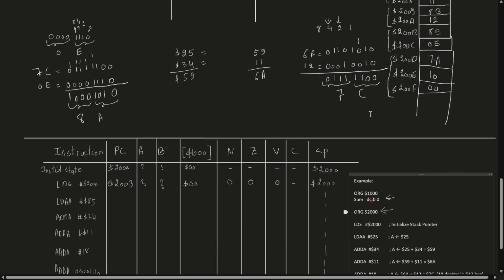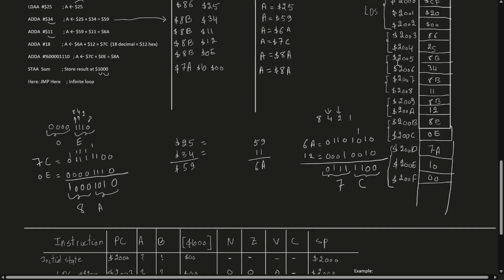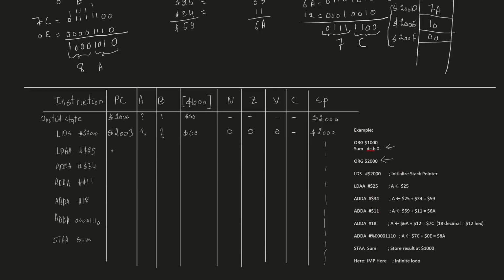So after 2003, we had 2005. So the program counter here will be pointing to memory address 2005. The content in accumulator A will be 25 in hex. B, we don't know. The content at 1000 will be 0.